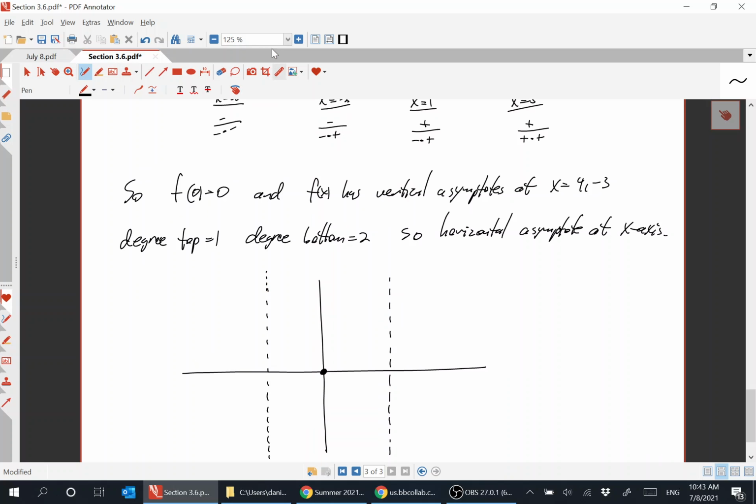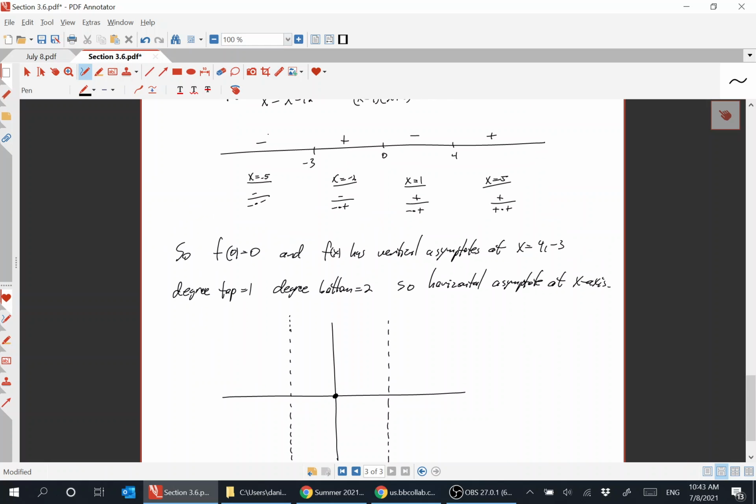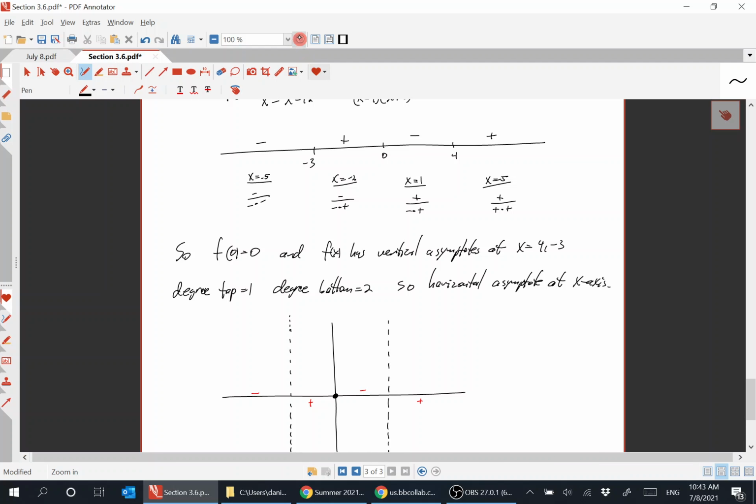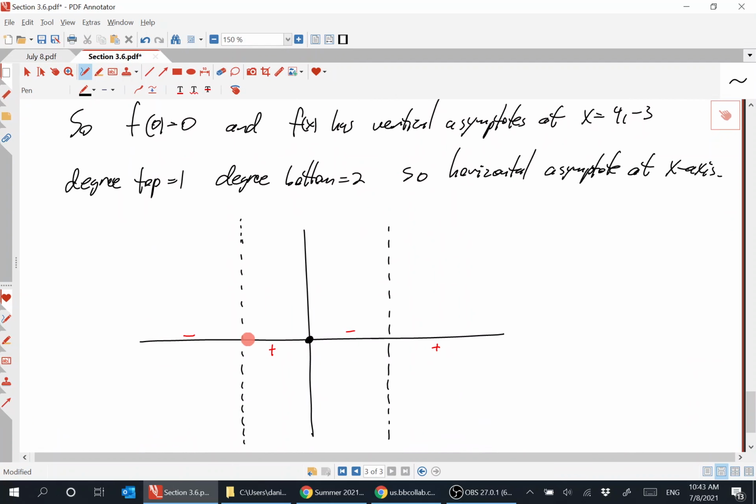And aside from that, we are negative in this interval, positive in this interval, negative in this interval, and positive in that interval. This is at x equal to minus 3, and this is x equal to positive 4.